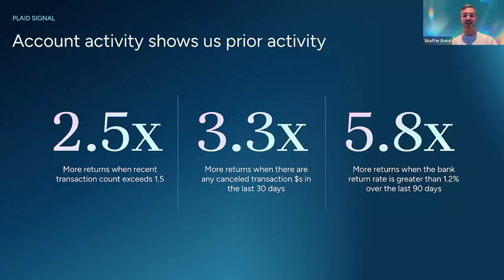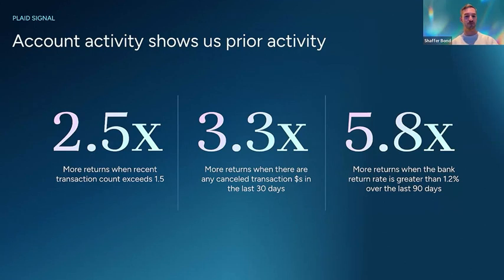So the higher velocity is higher risk. We've also observed 3.3 times more returns when there are canceled transactions in the past 30 days, a history of declined transactions, which is an important weight as well.